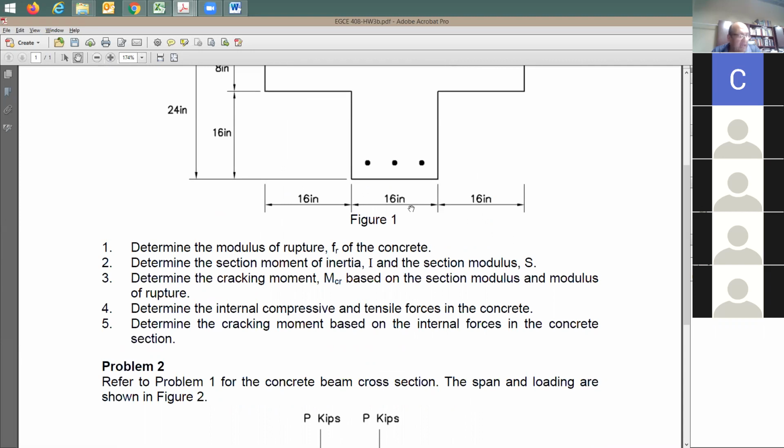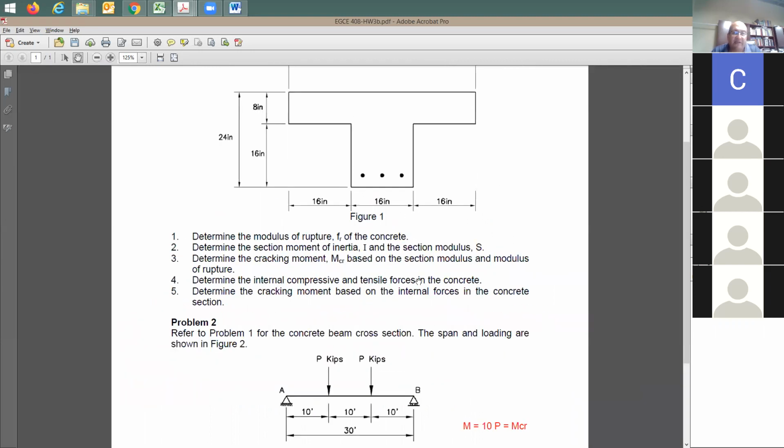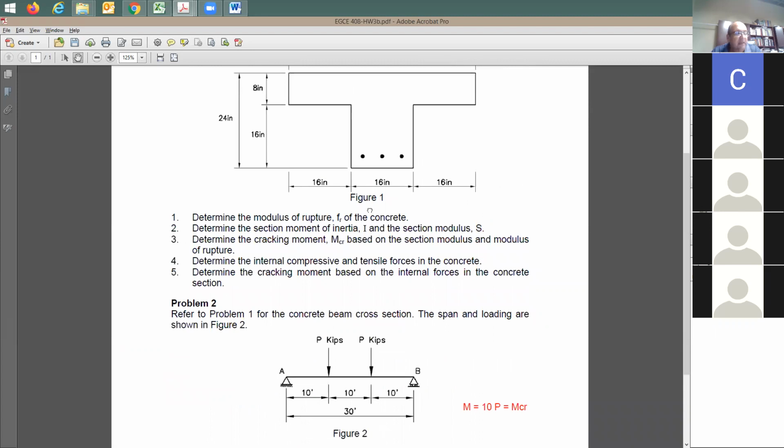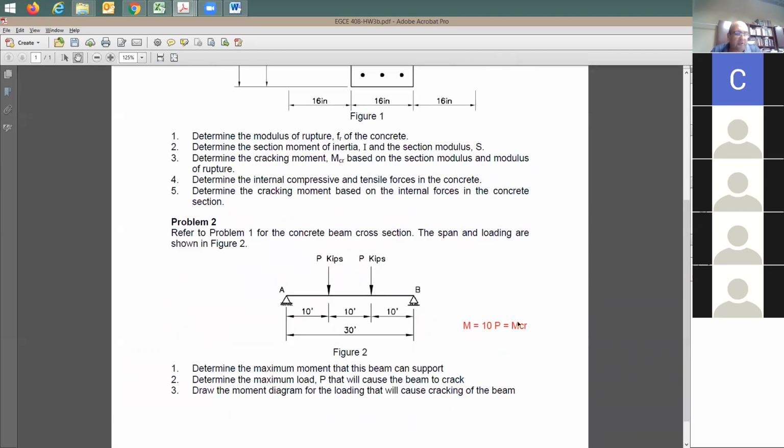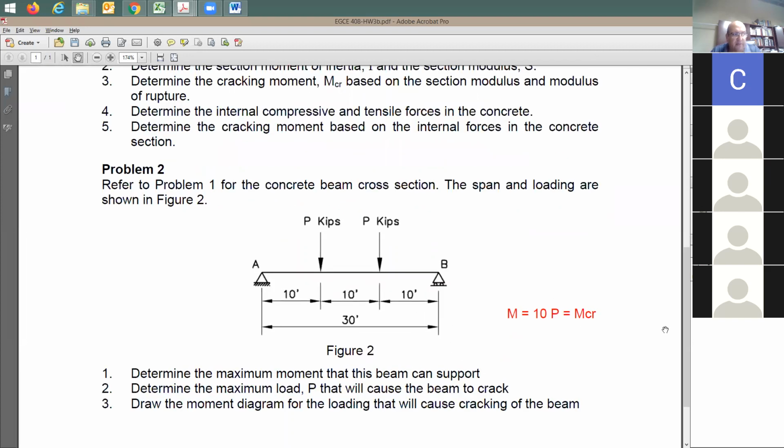Actually, the first problem is going to be very similar to the example. The second problem, all you need to do, I'm going to post this video on YouTube by end of today, so if you like, you can go back and confirm this.